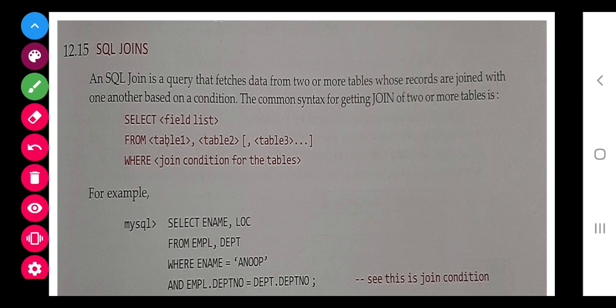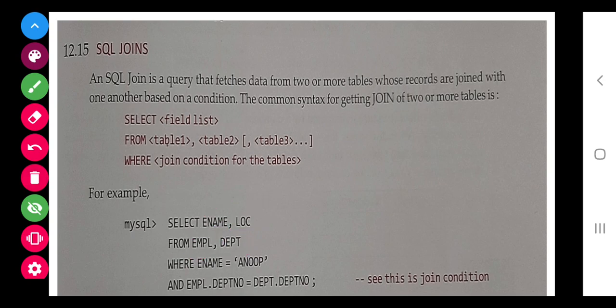There are two tables, EMPL and DEPT, the department and the employee, and I want to join these two tables. Suppose I want to display name and location from this table and this table, maybe both are from the same table, or from different tables.